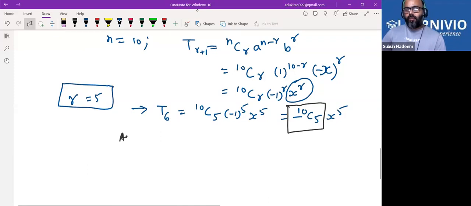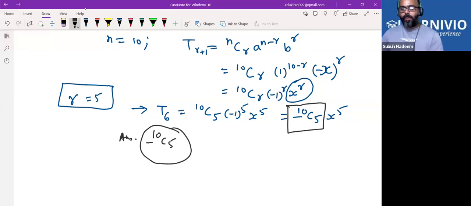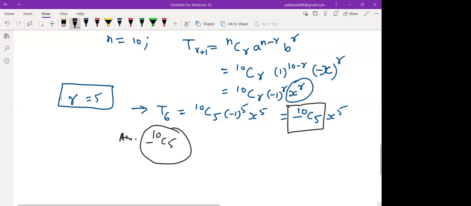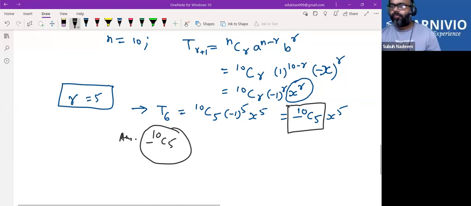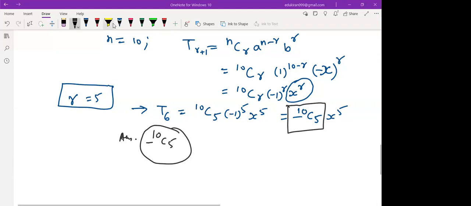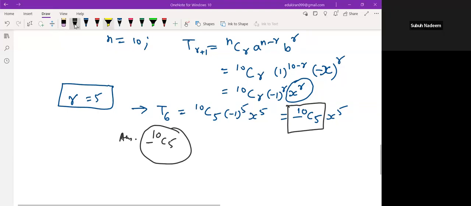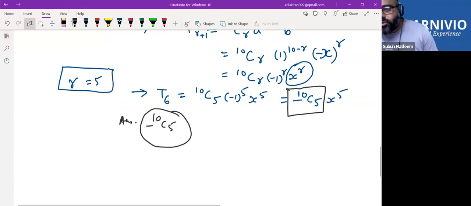If you want, you can write it by expanding it, or you can just write it as it is, minus 10C5, which is your answer. Let us come to the next question.